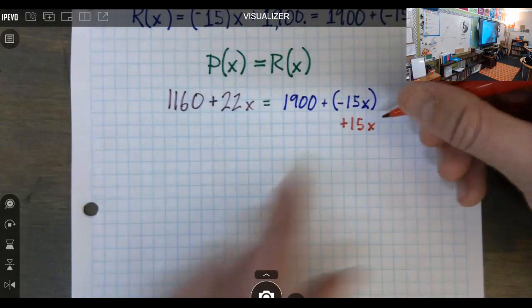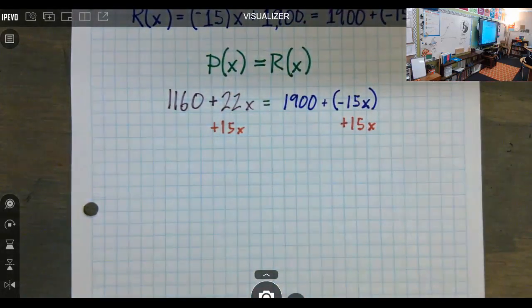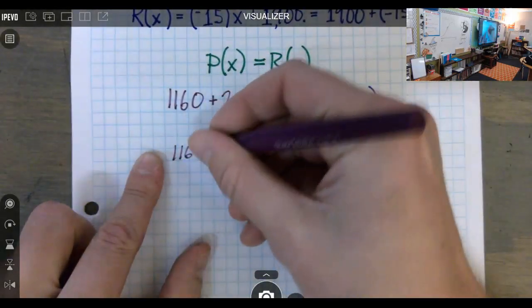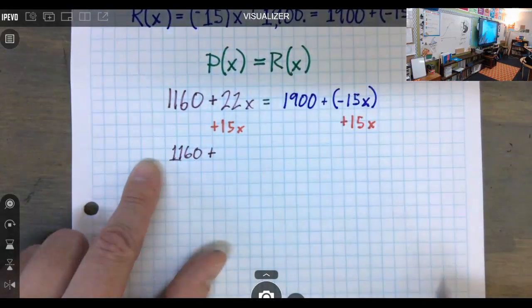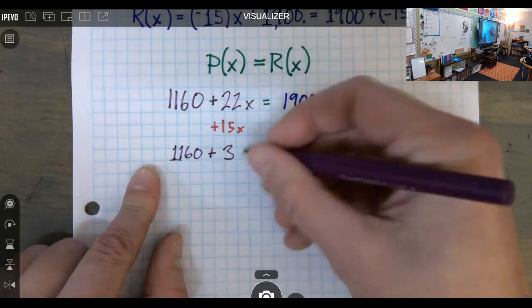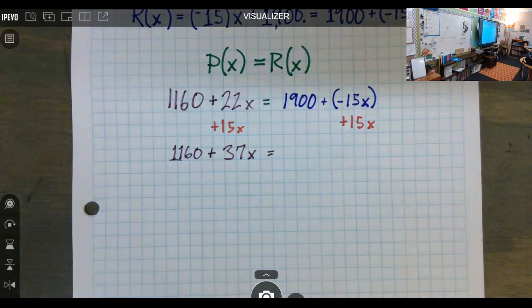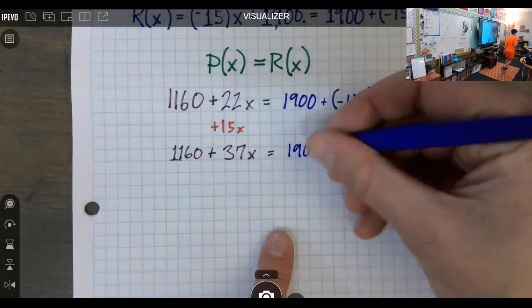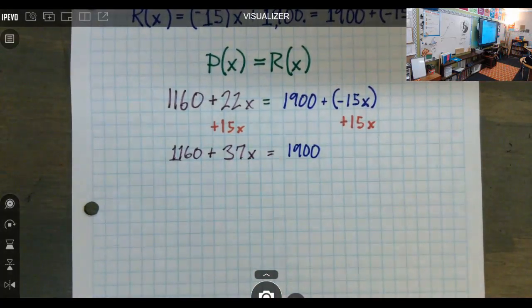So we're going to add 15x on both sides. So now 1,160, which again, I make my ones fancy because I think it's easier to keep track of what they look like. 22 plus 15, 37x. I think just 1,900 over here. Ella, what now?